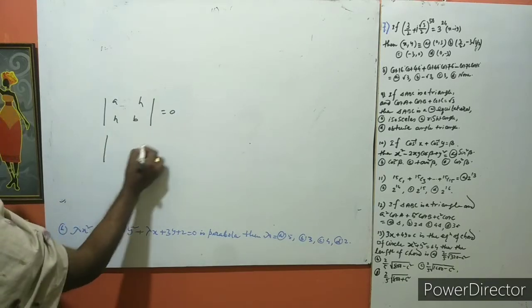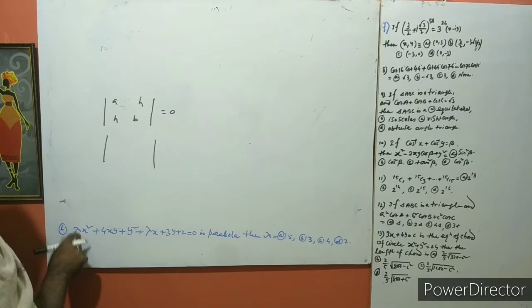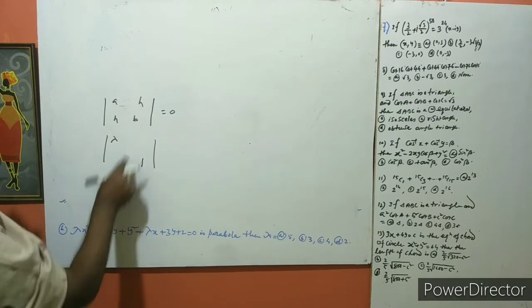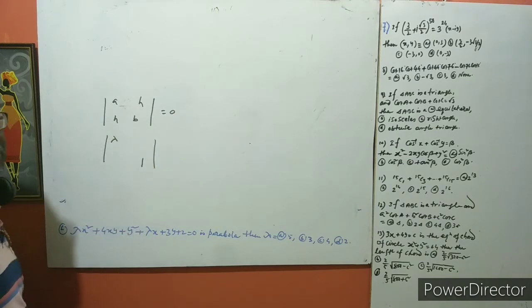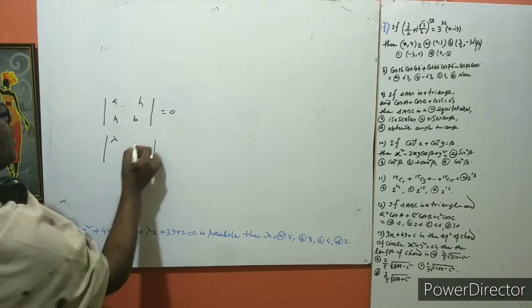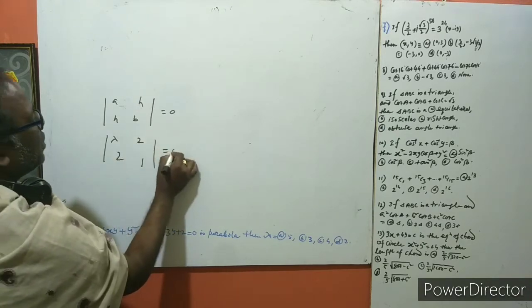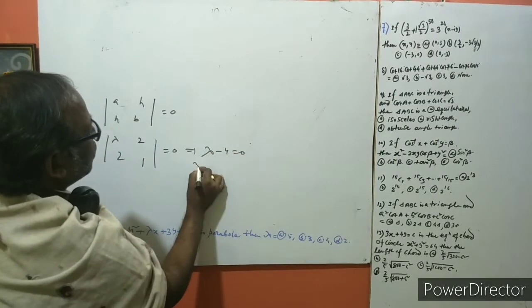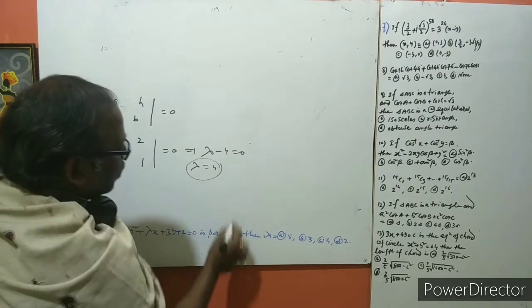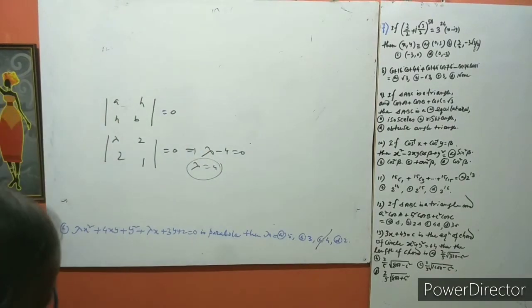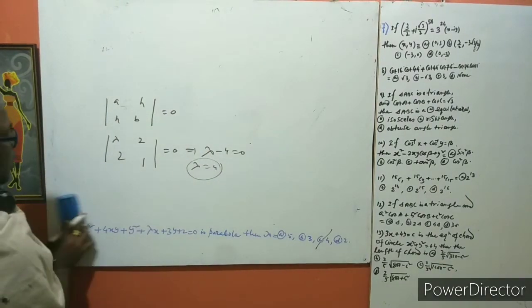Now what is a here? a is the coefficient of x square and b is the coefficient of y square, that is 1 here. And h is half of the coefficient of xy. So the coefficient of xy is 4, half of that is 2, and so lambda minus 4 equal to 0, so lambda equal to 4 here. So the option is C. So this is complete. Question number 6 is complete.